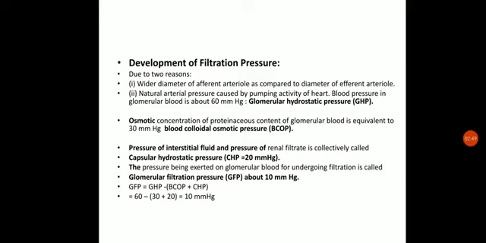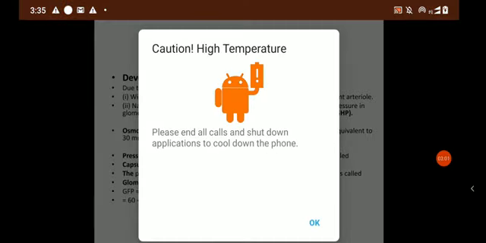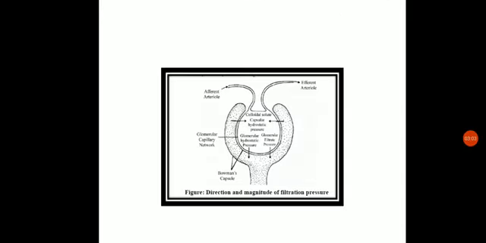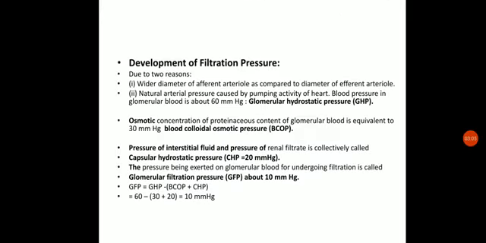The first reason is that the diameter of the afferent arteriole is higher compared to the diameter of the efferent arteriole, due to which what will happen? The efferent arteriole will be less in diameter, so the blood will be flowing under high pressure.